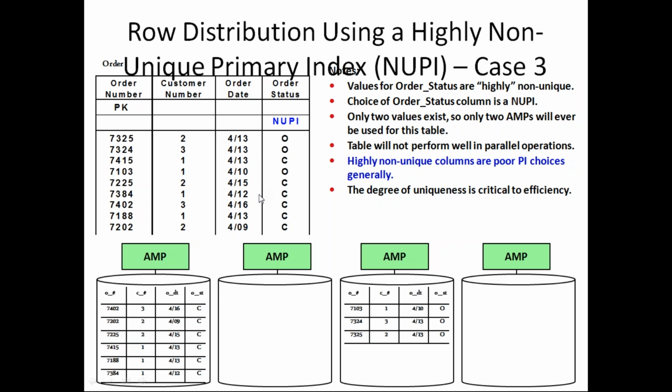Ideally, if there is a column which satisfies both factors, that is unique distribution and data retrieval, that is the best candidate to be chosen as the primary index. But if there is no such column which can give us both purposes, unique distribution and usage of the data, then we will go for other techniques which we will be seeing soon.